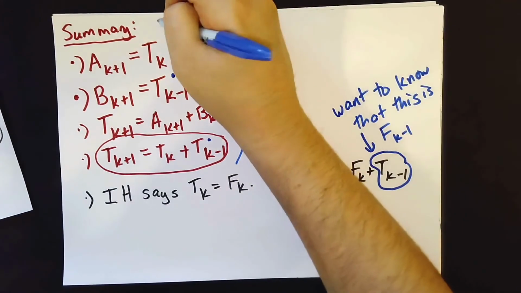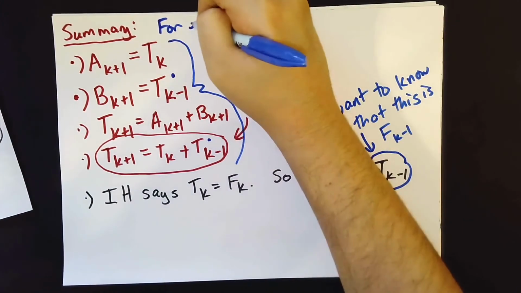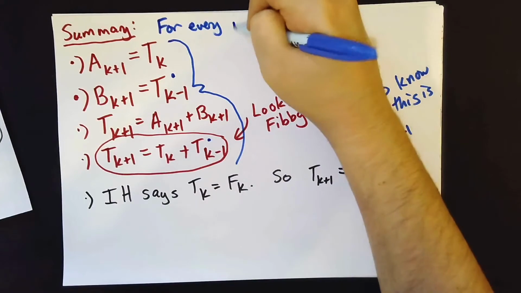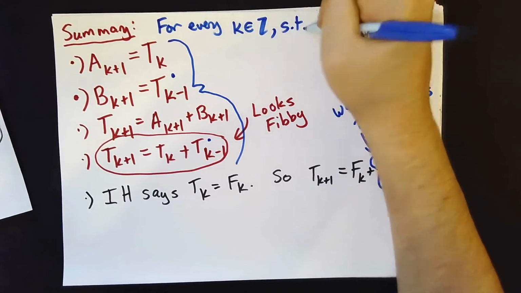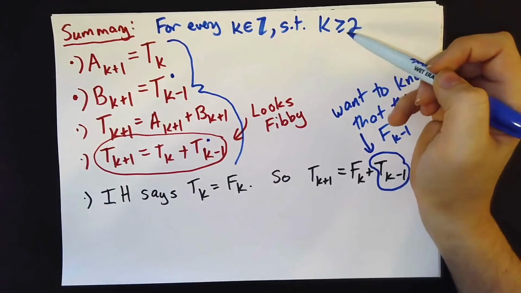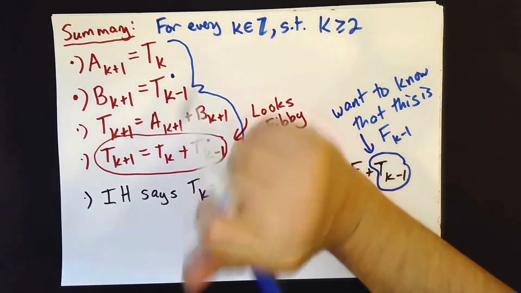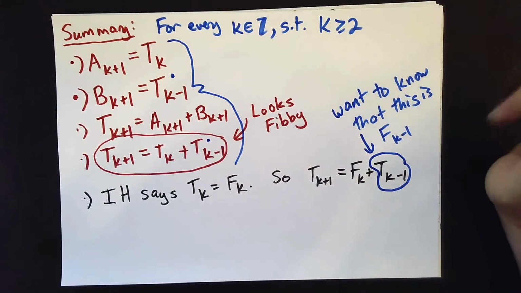And so I'd rather just think of everything we just said as being true for k in the integers greater than or equal to 2. Once k is at least 2, then these k minus 1s become 1s, and everything works out the way we want.